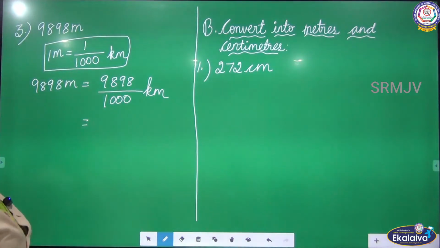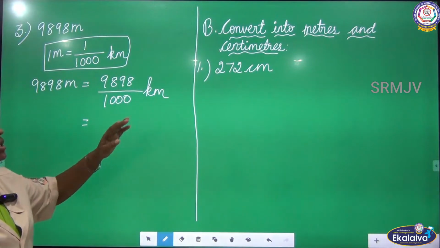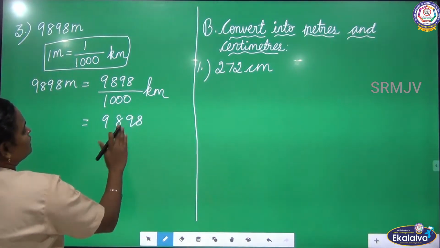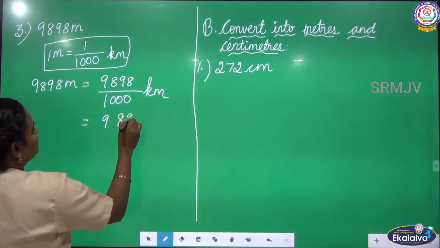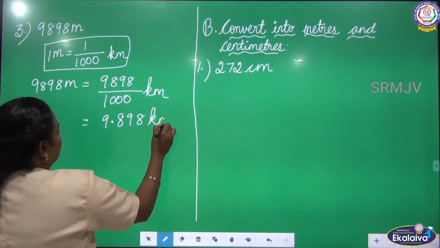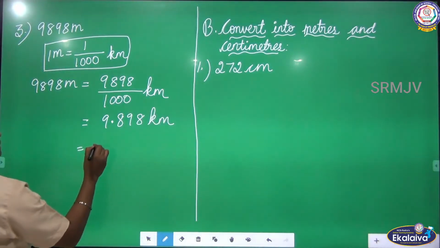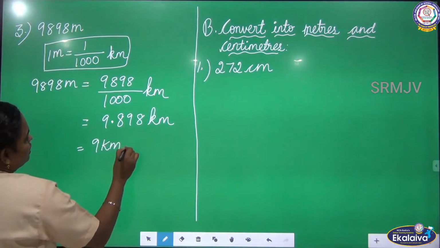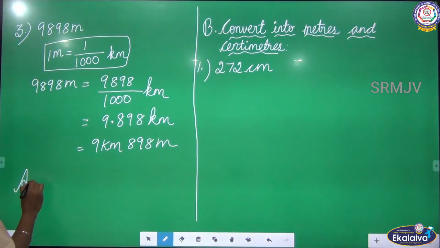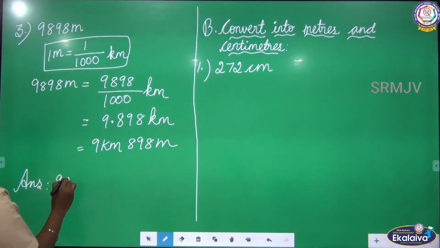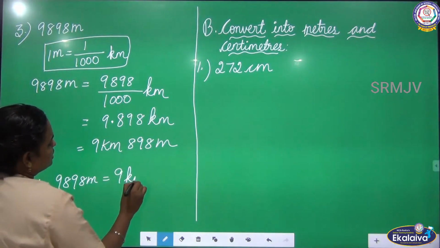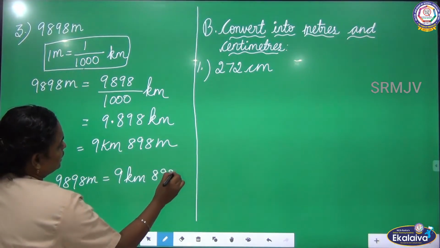Listen, in the denominator how many zeros? 3 zeros. So we have to leave 3 decimal places, 1, 2, 3. So what is the answer, children? This is 9 kilometer then 898 meter. So the answer: 9898 meter equals 9 kilometer 898 meter.